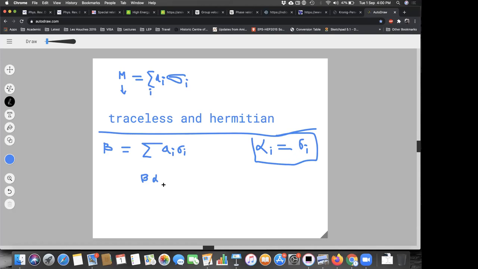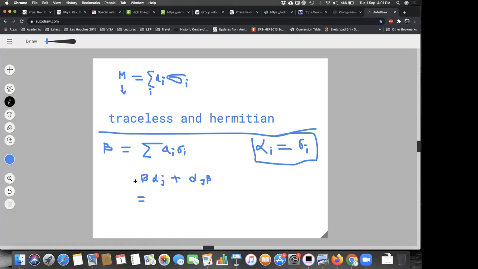Let me just write alpha_j plus alpha_j beta. This has to be 0, right?